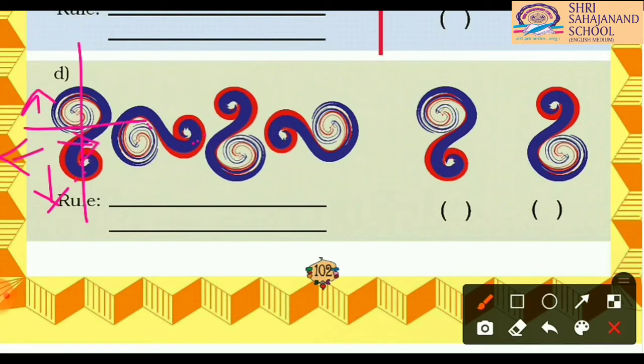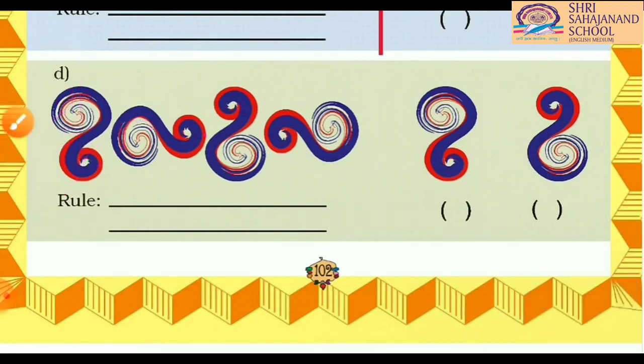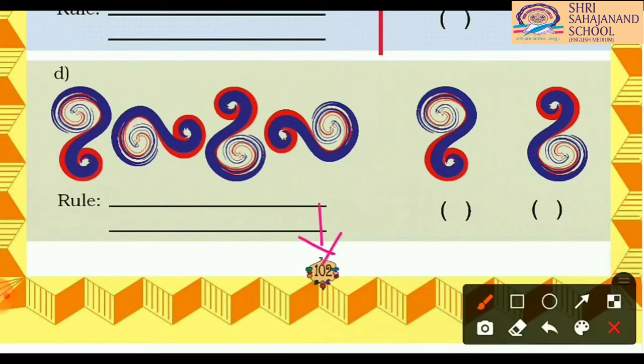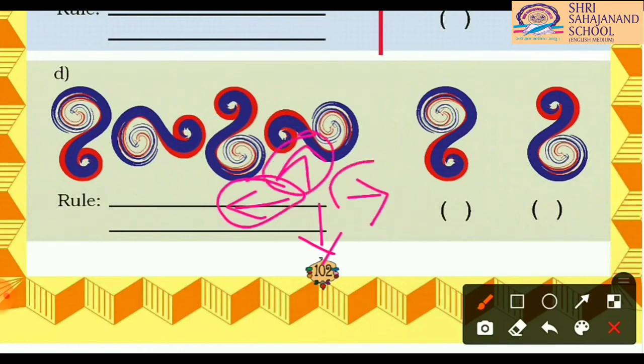So how many turns did it take? 1, 2, 3. Means 3 turns it took. First it was facing downside, then left, then upside, then right. So in 3 turns we got its second picture.